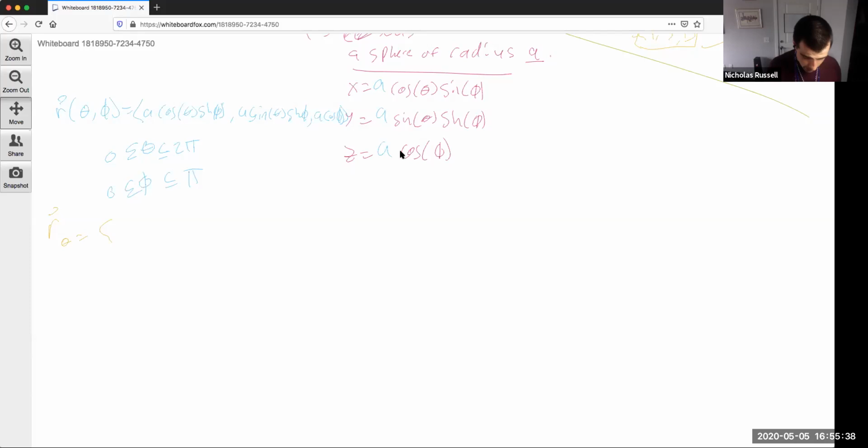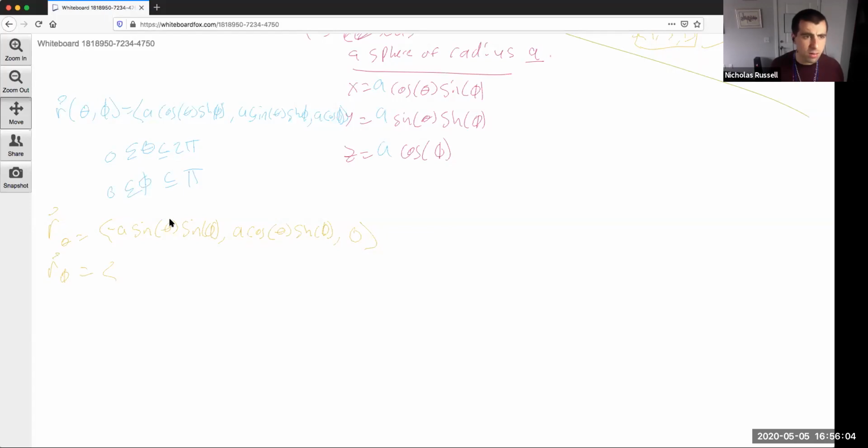This is going to be a negative A sine of theta sine of phi. I have the derivative of this with respect to theta, so it just goes to that. This will be A cosine of theta sine of phi. And this over here has no dependence on theta, so it becomes a 0. That's going to be helpful in the long run.